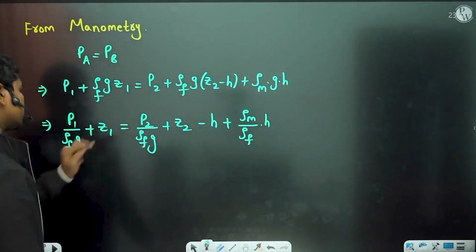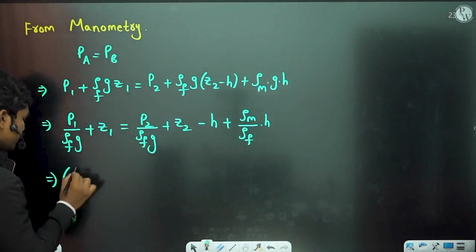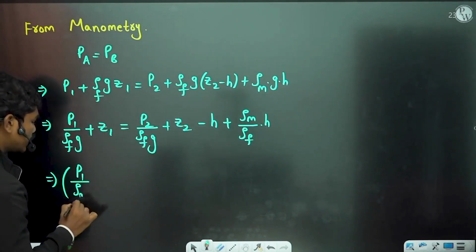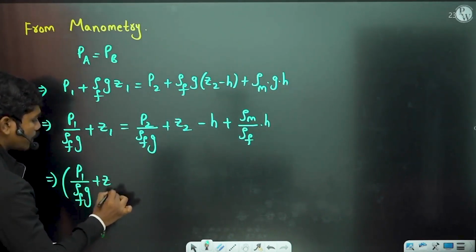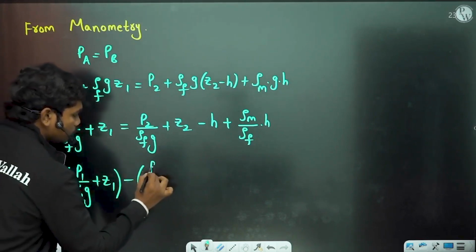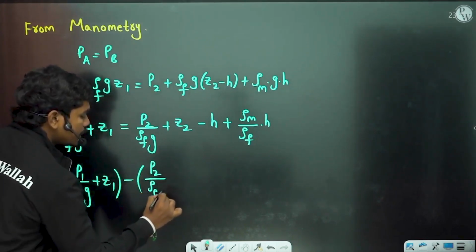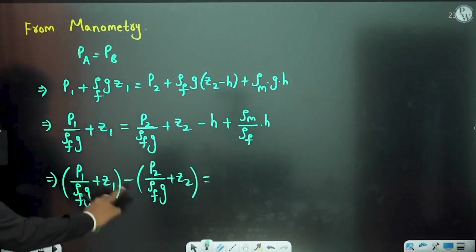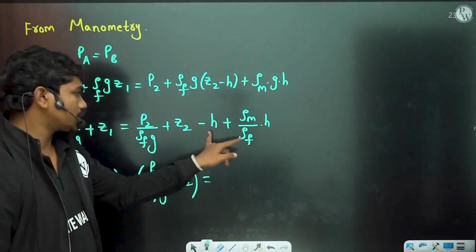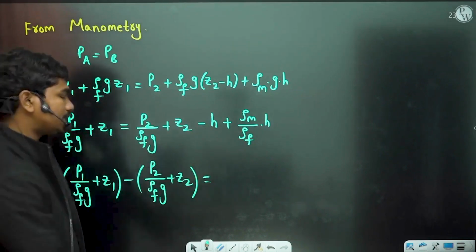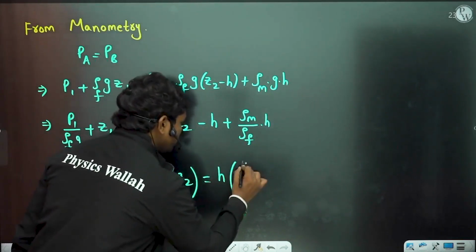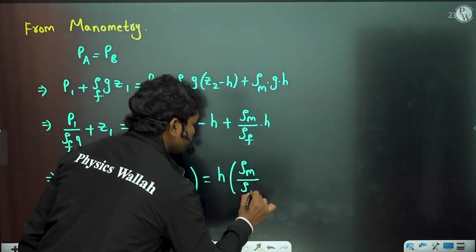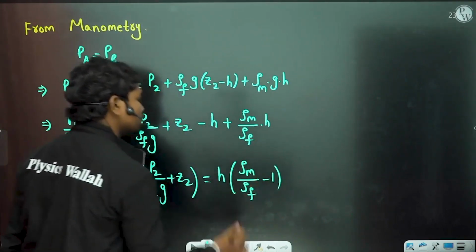Now if you bring these terms to the left hand side, we get P1 by rho fluid g plus z1 minus P2 by rho fluid g plus z2. This total difference of pressures is equal to these two terms left on this side. If you take h out, it is h times rho manometric by rho fluid minus 1.